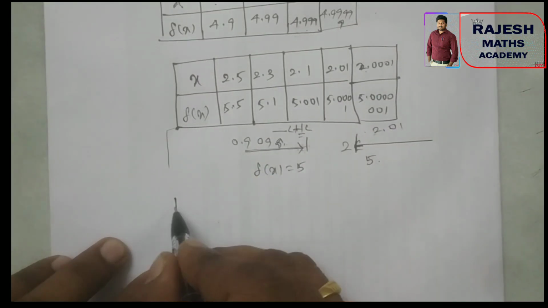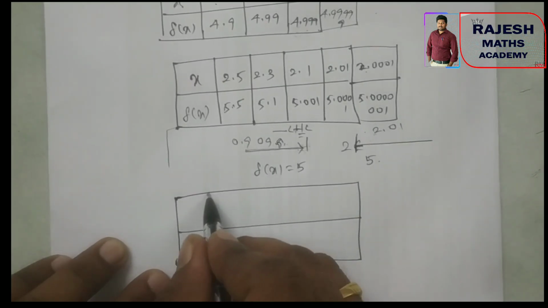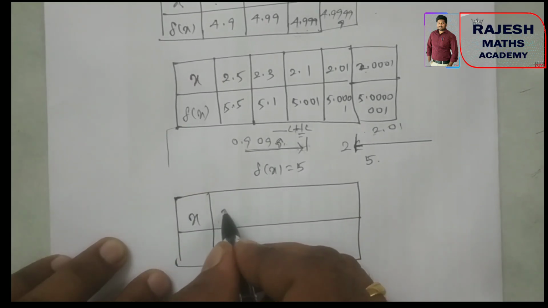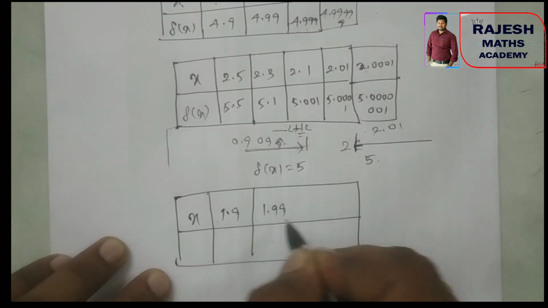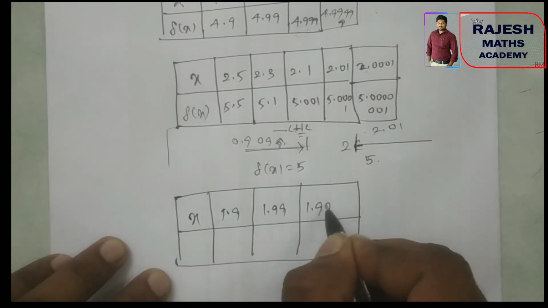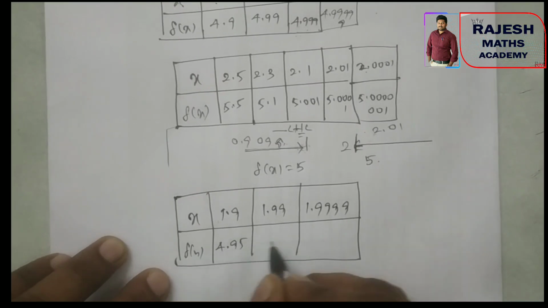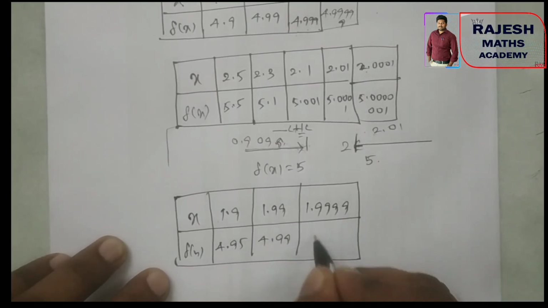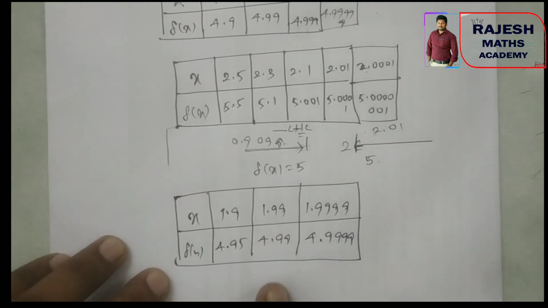So you can consider one more case for this second case. For example, if I am taking x values as 1.9, 1.99, 1.999, and my f of x is suppose 4.95, 4.99, 4.9999, what will happen?